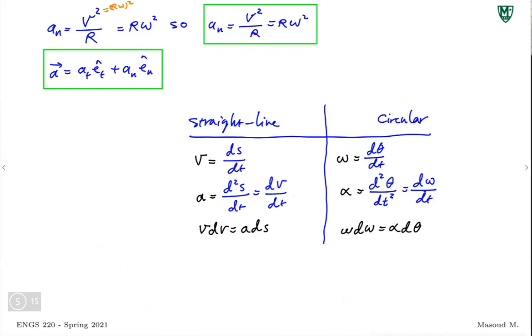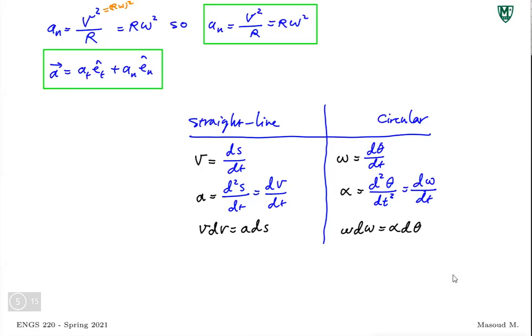And it also has a normal component. So normal component is v squared over radius of curvature, in this case r, radius of a circle, or r omega squared. And I also briefly compared straight line motion with motion on a circular path. And I said, well, the same way we define velocity in that case, we define angular velocity for a circular path, originally for a motion on a curve.